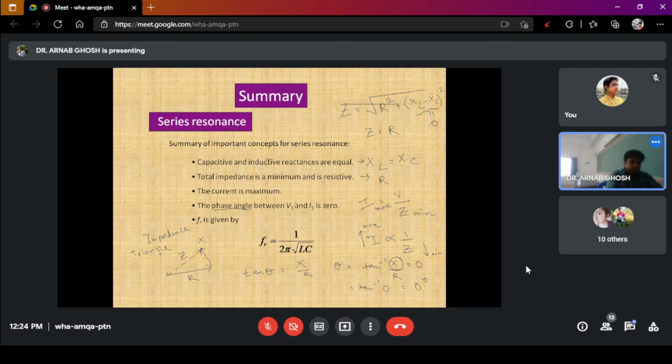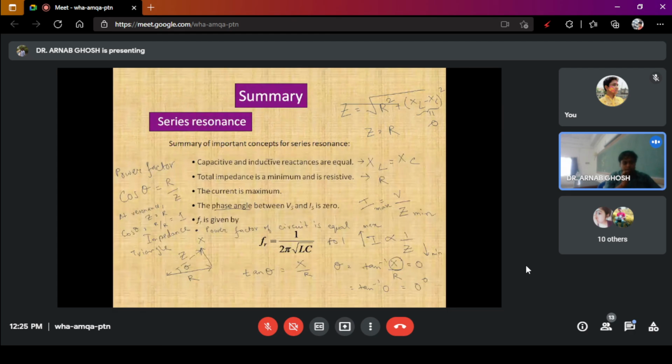What is power factor? The power factor is given by cos theta.